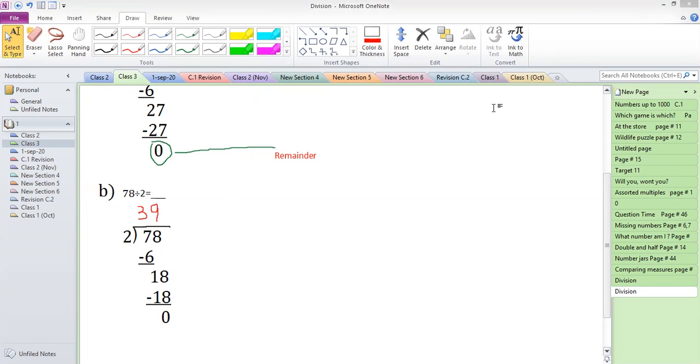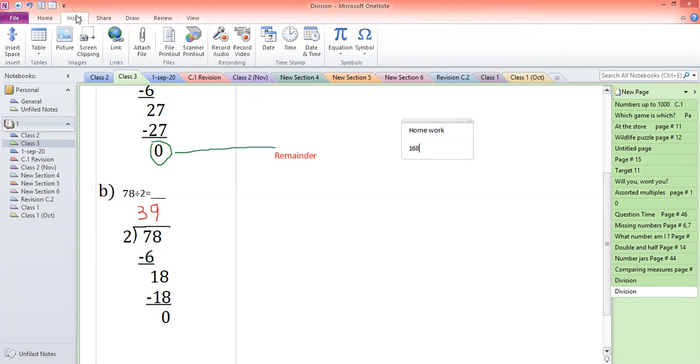Now I'm giving you questions. You have to complete them. I'm going to write here, this is going to be homework, okay? 168 divided by 3. This is 1.